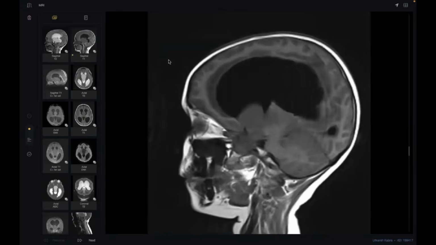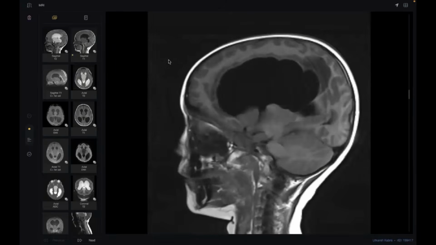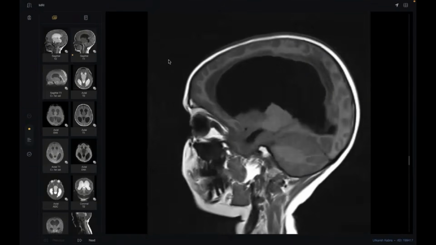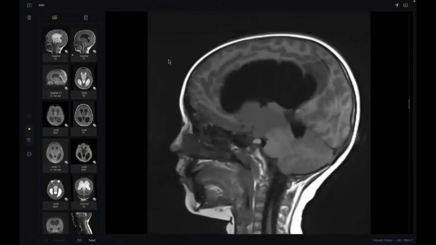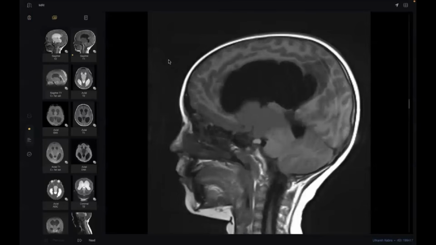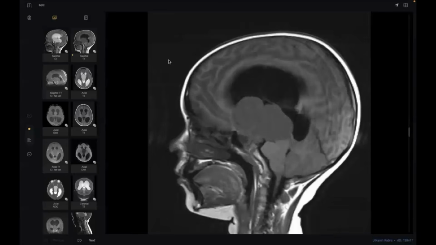Okay, so I've been presented with sagittal T1 brain images of a 4-year-old male patient who presented with vision loss. Here I can see significant dilatation of the ventricles with upward bowing of the corpus callosum.